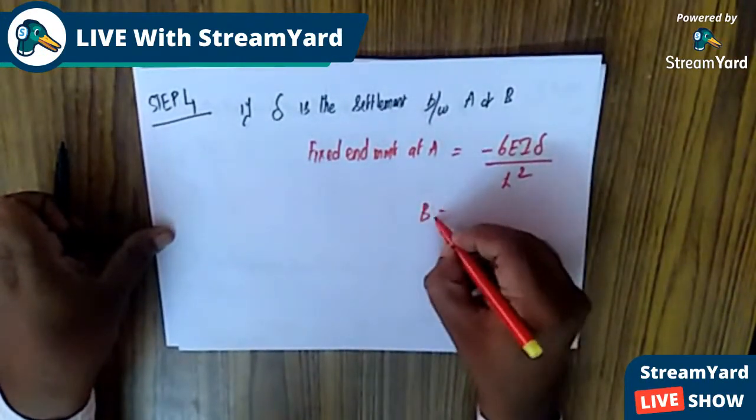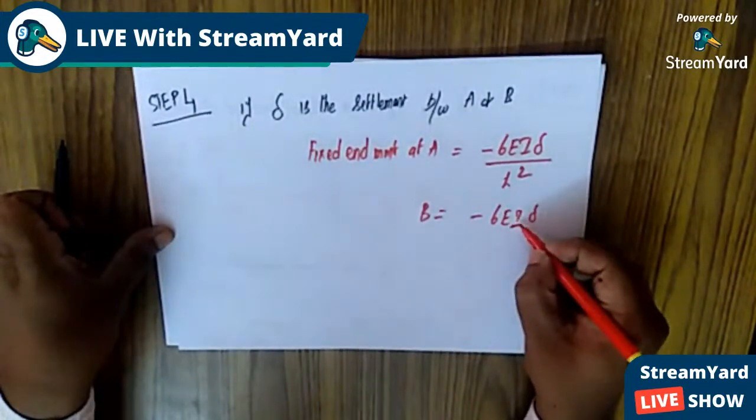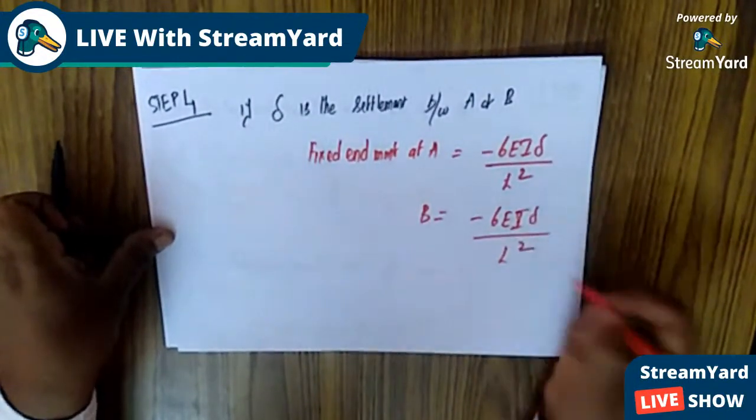Similarly, at B also it will be equal to minus 6 EI delta divided by L square.